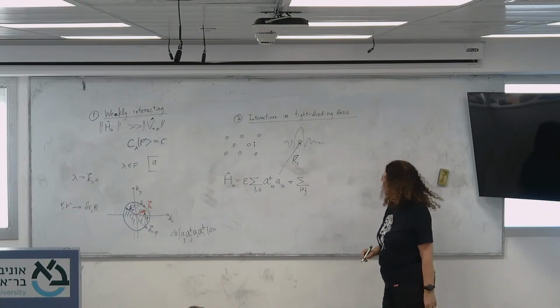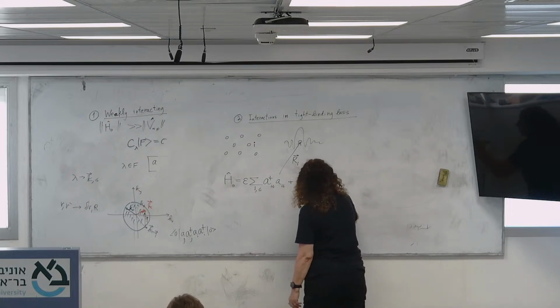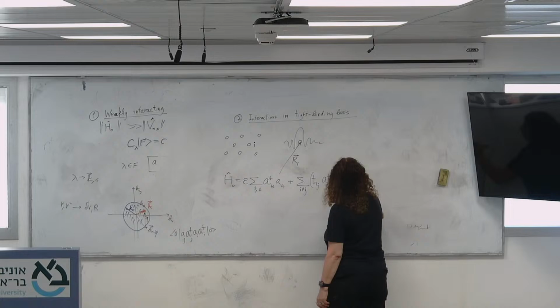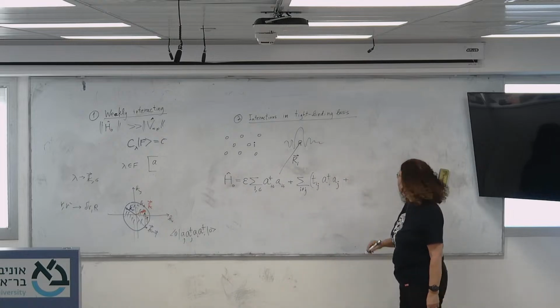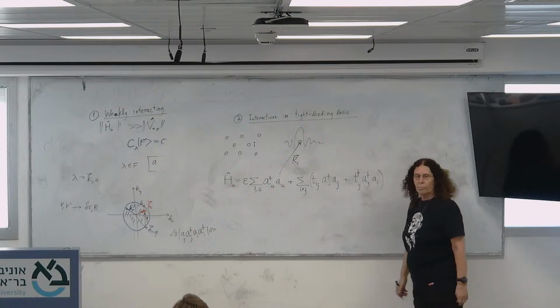There's some coefficient, t i j, a i dagger a j, plus the Hermitian conjugate, which is t i j star a j dagger.